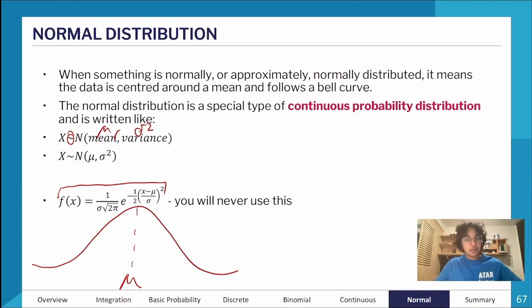You can maybe have a go chucking it into your calculator, for fun, maybe throw in mu equal to 1, sigma equal to 1, or mu equal to 0, sigma equal to 1. That's your standard normal distribution. Maybe integrate it from 0 to 1 and see what you get. Your calculator might chug for a while, but it should spit out a nice value. But you'll never use that, so don't worry about it too much.